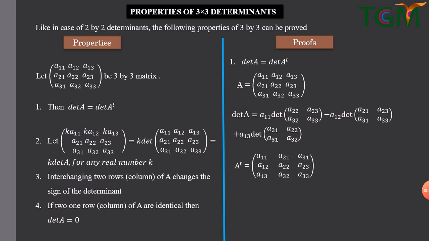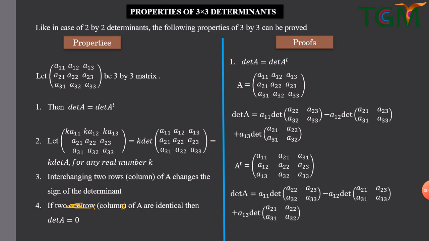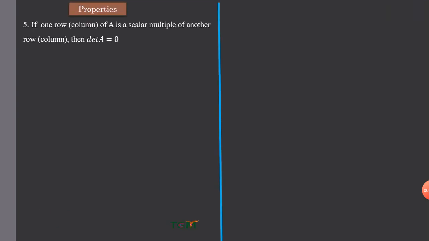If 2 rows or columns of A are identical, then the determinant of A is equal to 0. And the 5th property is that if one row or column of A is a scalar multiple of another row or column, then the determinant of A is equal to 0.